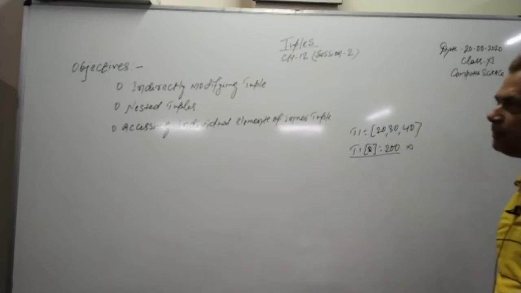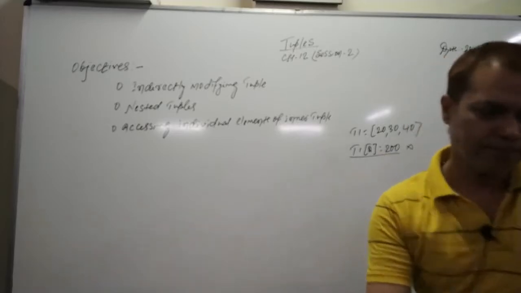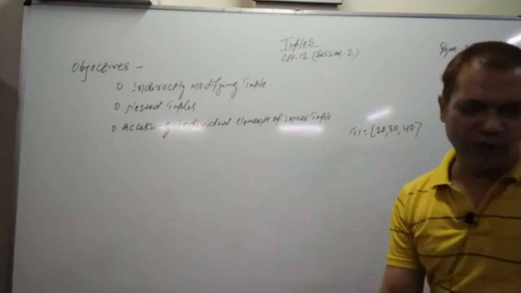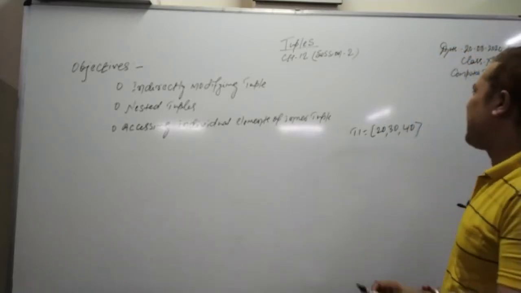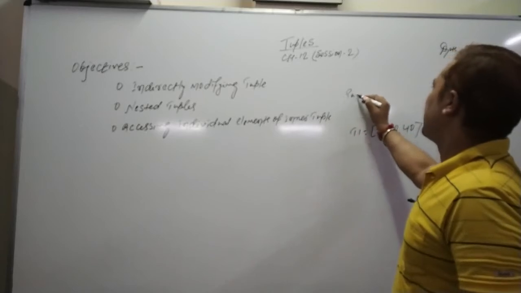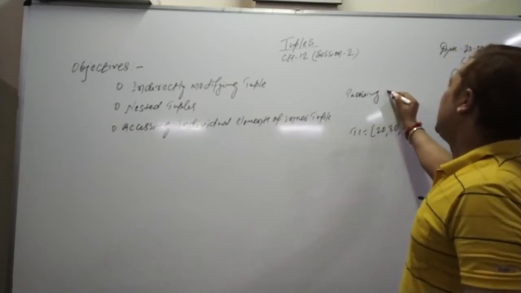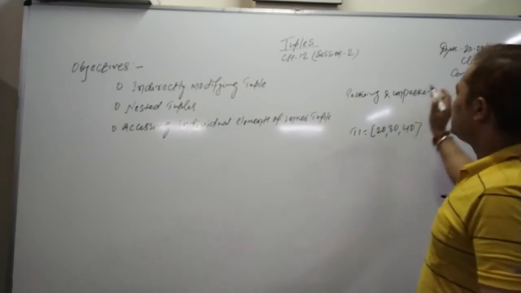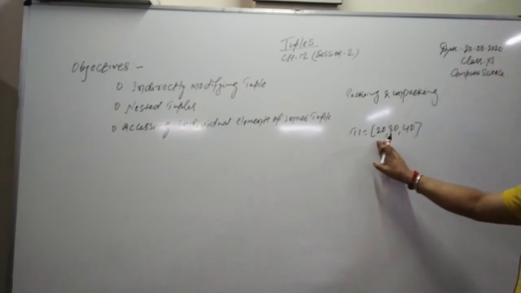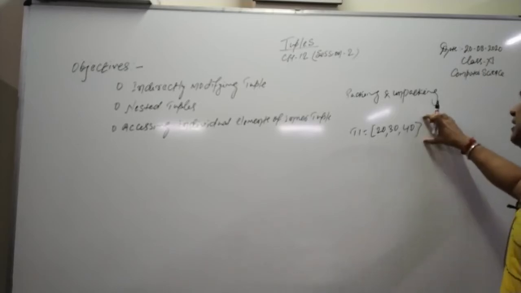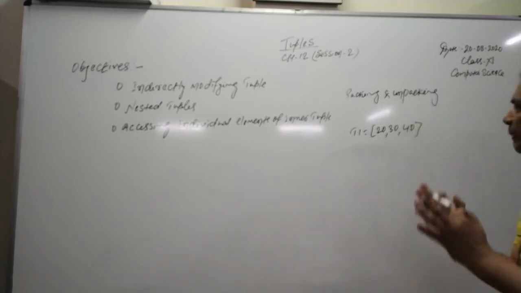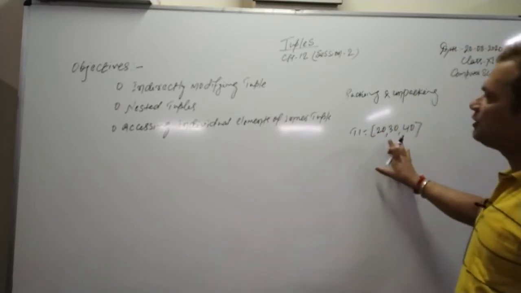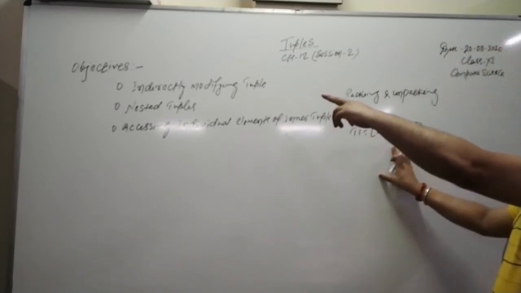Now how to modify it if required? If the tuple elements are required to be modified, we have to learn something called packing and unpacking. Mind it, packing and unpacking. Once I write T1 equal to 20, 30, 40, basically it's packing. It means the tuple is already packed with these three elements. Now you have to unpack it if you want to indirectly modify the tuple elements.